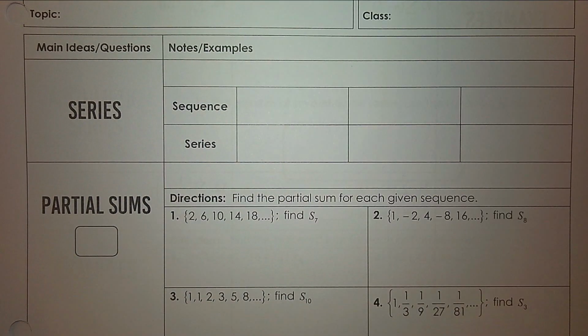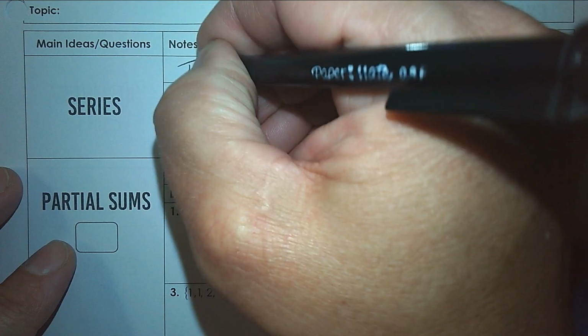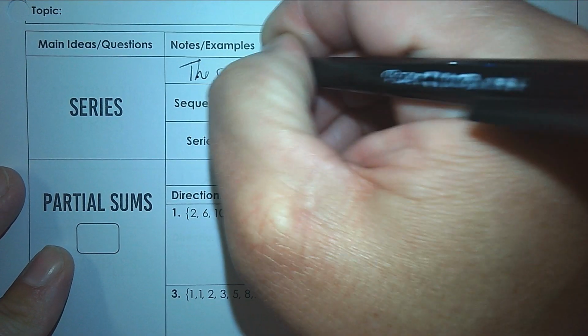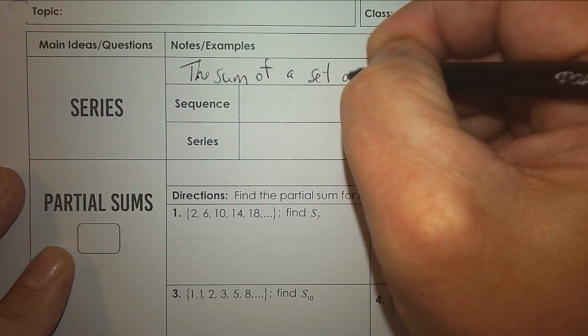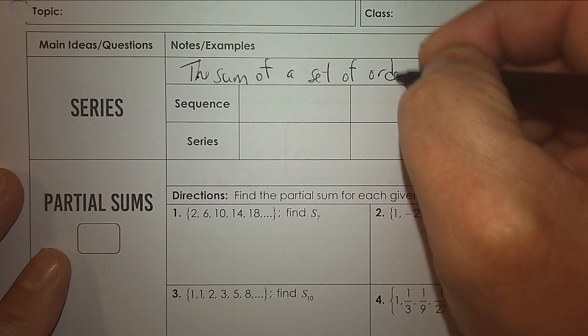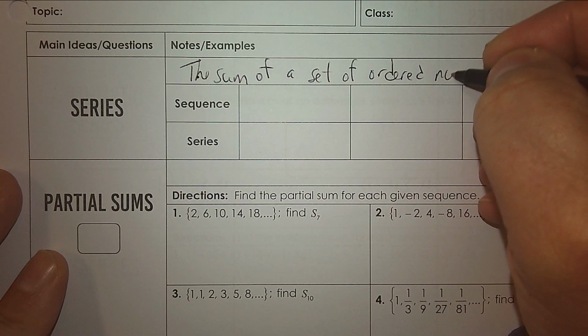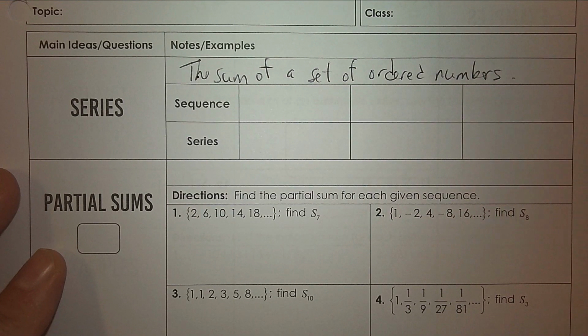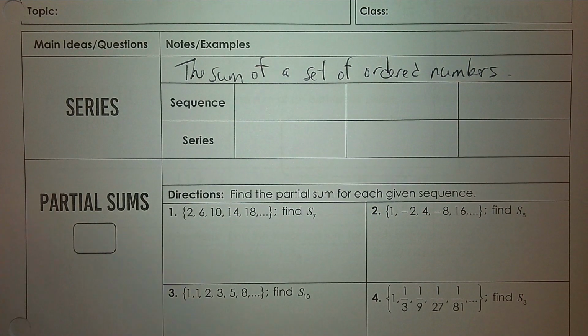You know a sequence is a set of ordered numbers. A series is the sum of a set of ordered numbers. For an arithmetic series, it has to be finite.